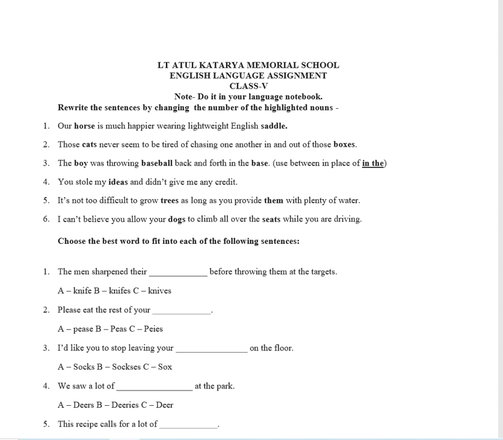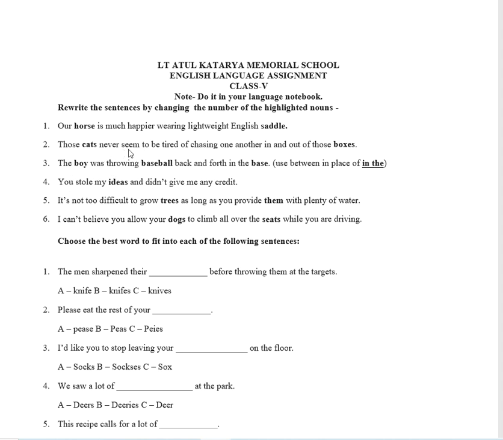Similarly, I will do two sentences for you and then the rest of them you are going to do by yourself. Okay. Those cats never seem to be tired of chasing one another in and out of those boxes. Now, those cats, here those cats refer to many cats.